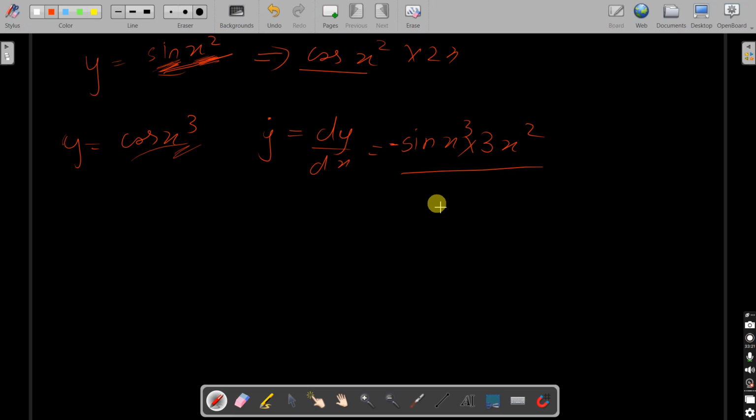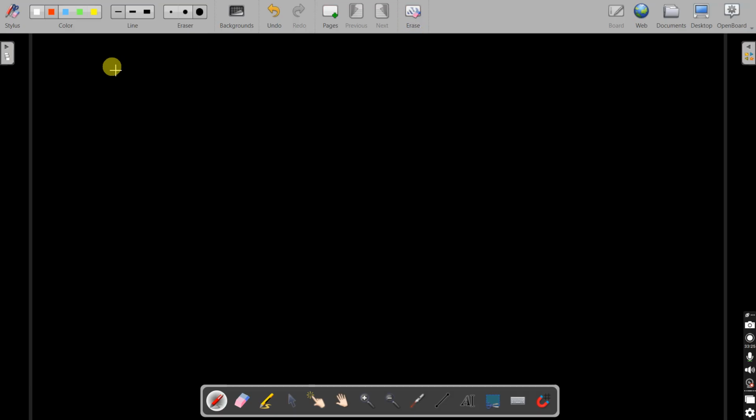One more question. If y is equal to sin x squared, first treat this thing as x.